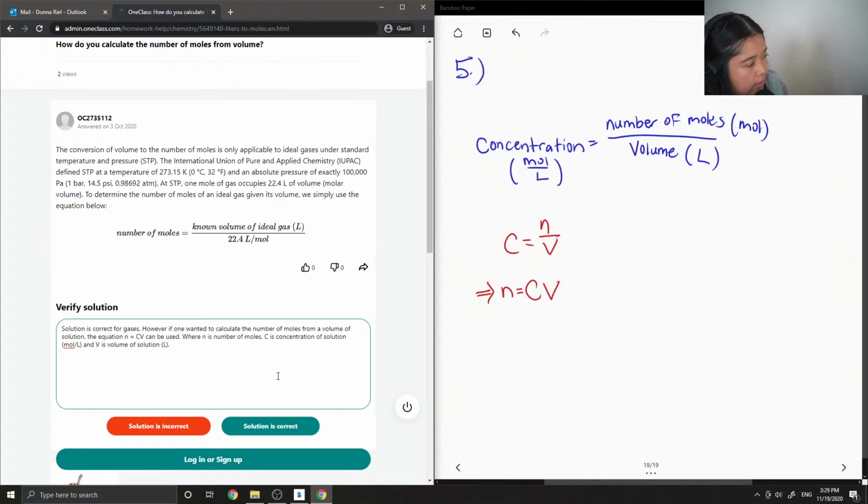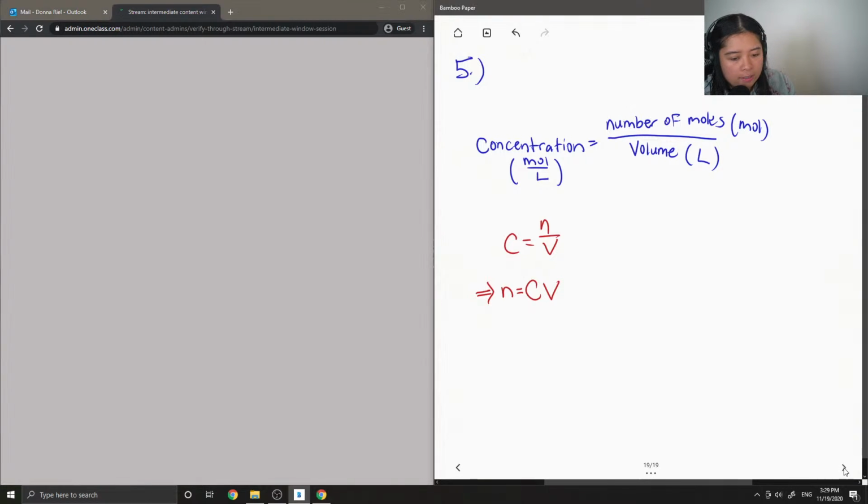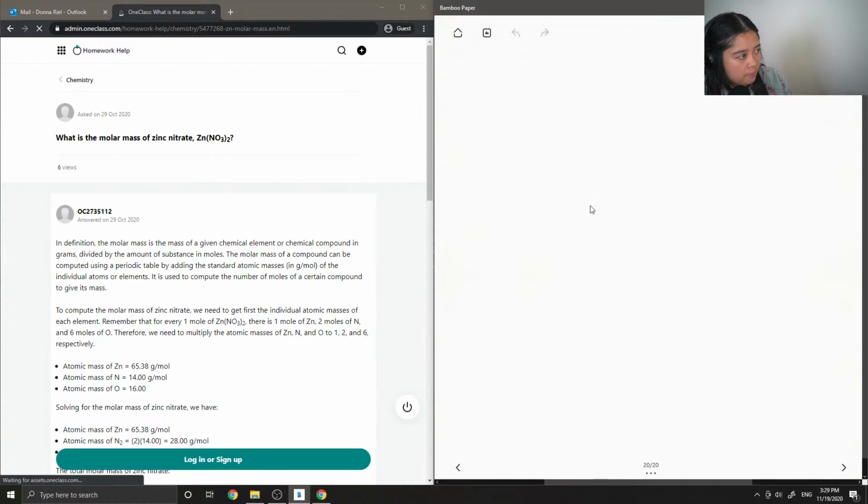Okay, so I said that this solution is correct for gases. However, if one wanted to calculate the number of moles from a volume of solution, the equation N equals CV can be used, where N is the number of moles, C is concentration of solution, and V is volume of the solution. Okay, so I just added that little note.